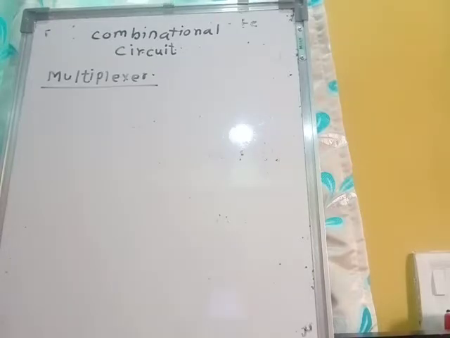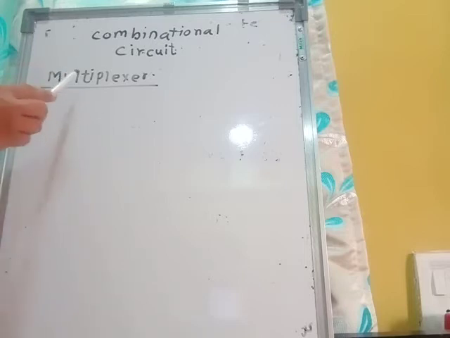The first combinational circuit is the multiplexer. This multiplexer can be used in many circuits to connect many sources to one common line, making things simple and economical by using a single line instead of separate lines.